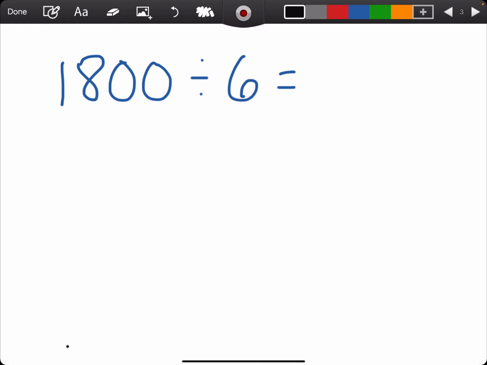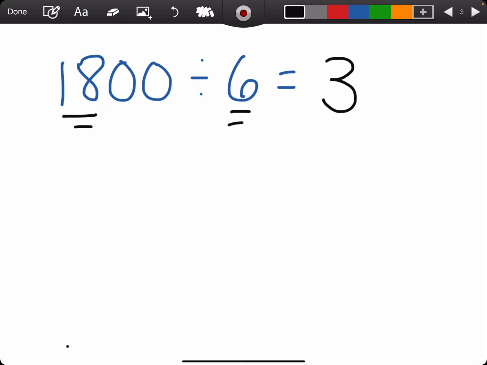So if I have just 18, what is 18 divided by 6? How many times can 6 go into 18? 3 times.